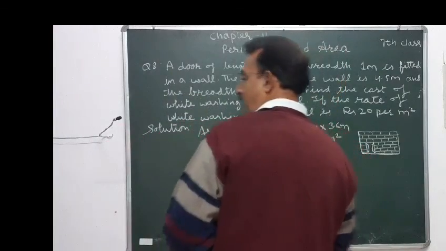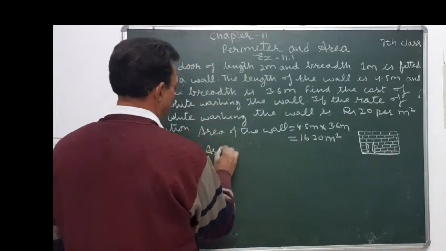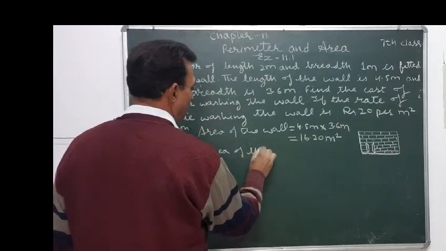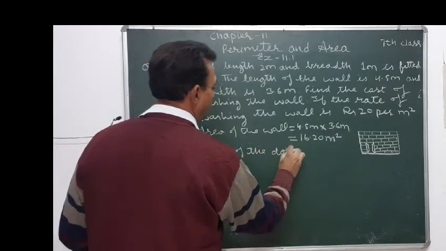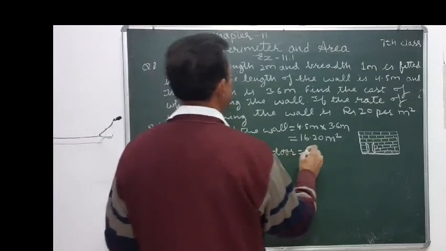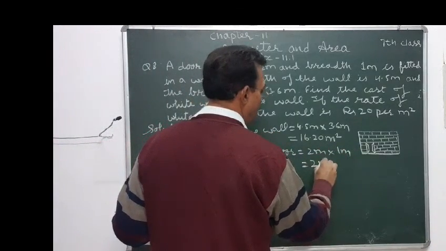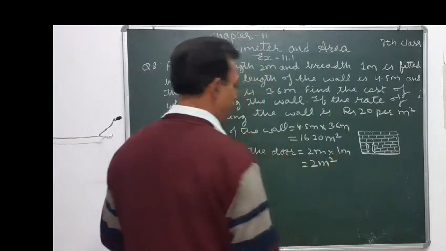Now the area of the door. Area of the door is 2 meter into 1 meter, which is equal to 2 meter square.